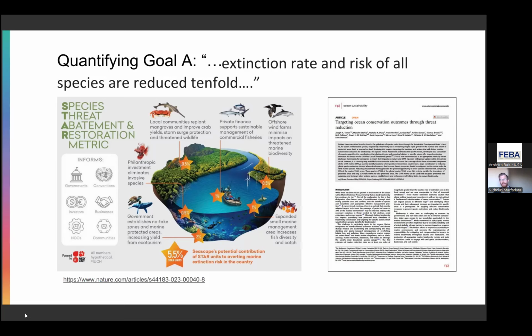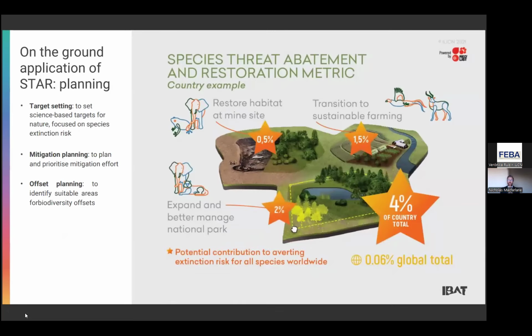These can all be added up together to quantify the contributions across a variety of different sites. What this lets us do is evaluate how these different actions or potential actions would contribute to a country's national STAR score, and by extension to a country's national contributions to Goal A of the Global Biodiversity Framework.